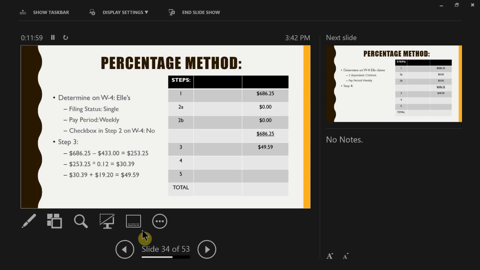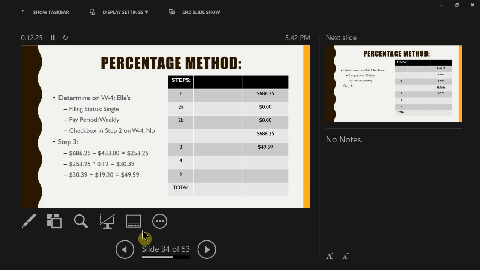So once again, right? We're going to find the row that we belong in, right? The government's going to allow us to keep Section E. So Section E was they let us keep $433. Anything in excess, we're going to subtract from our earnings to get a total of $253. And then that's going to be subject to the percentage.